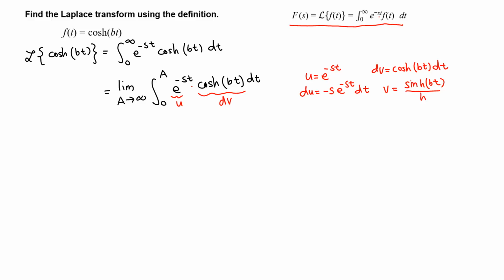And the formula we know is that when we have u dv, that's just uv minus the integral of v du.